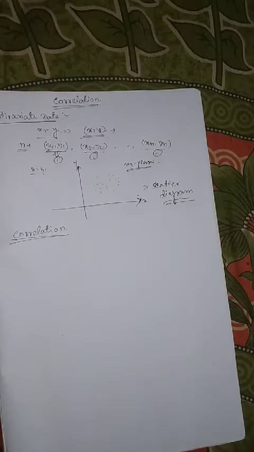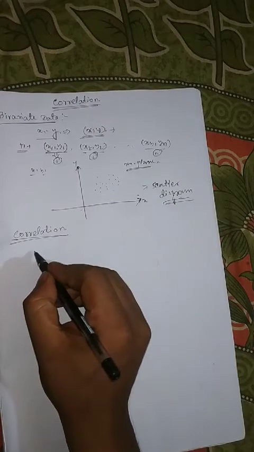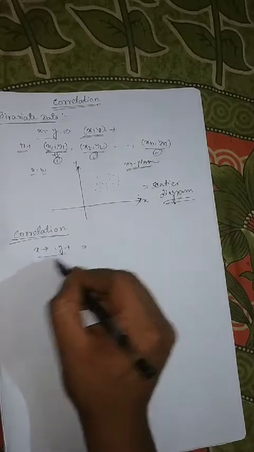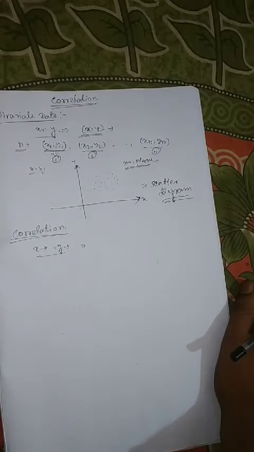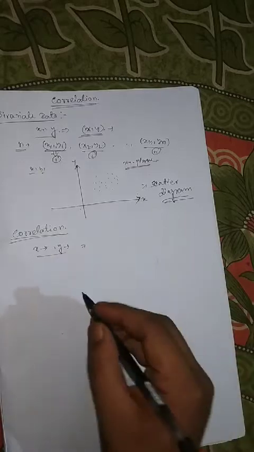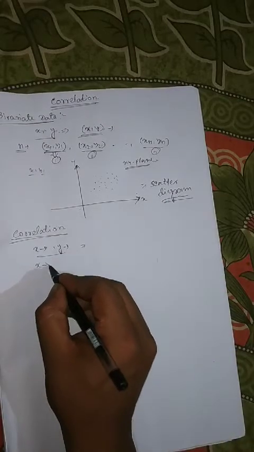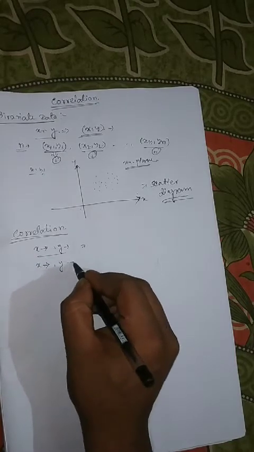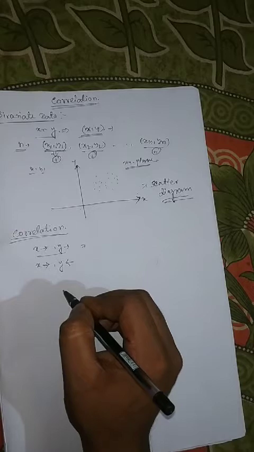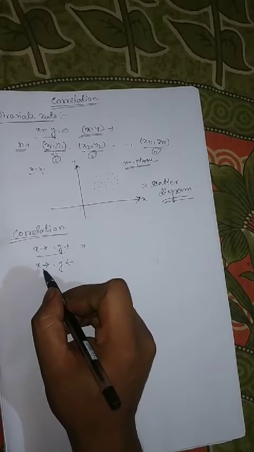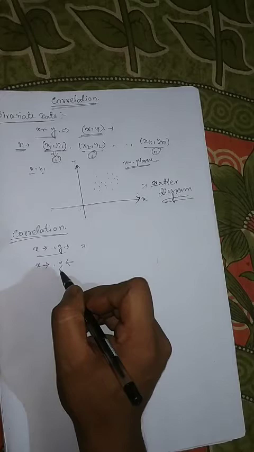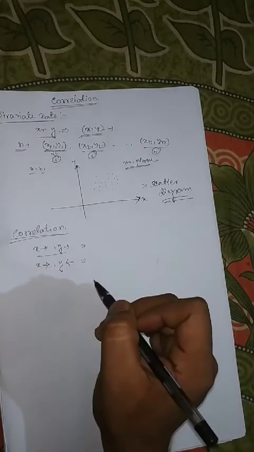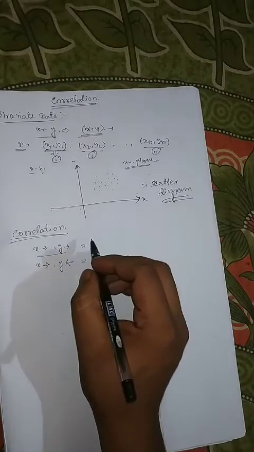Whenever x increases, if y increases, then this is called positively correlated. X and y are positively correlated. Whenever the value of x increases, if the value of y decreases, then this type of correlation is called negatively correlated.